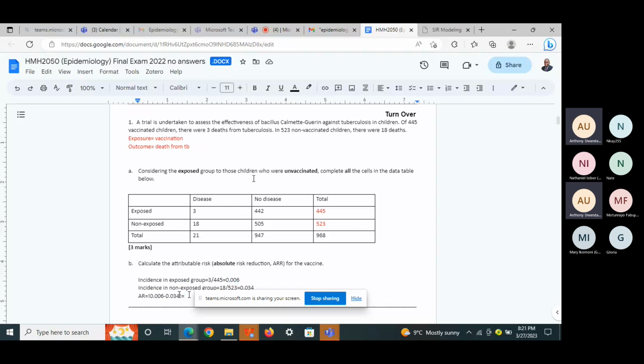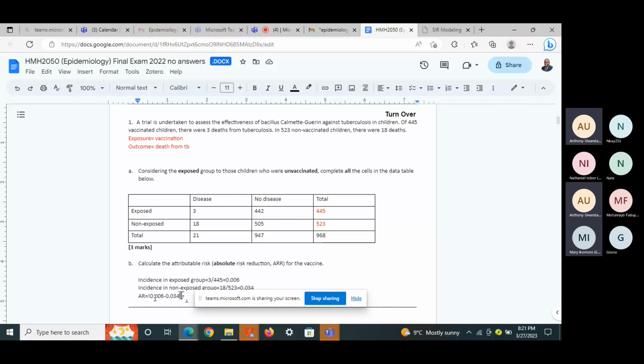Why I'm using the reverse is because it is a negative value, and I want a positive value. But if you want to use it like this, then you have to put that symbol to show that your answer is always going to be positive.